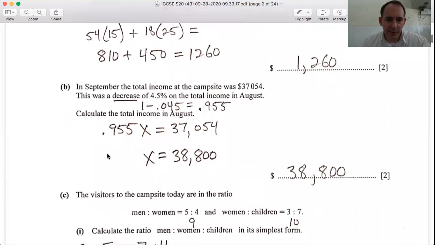And then read carefully, calculate the total income in August. So this decrease was a decrease of August's value. So we have 0.955 times August value, which I used as X, and that will equal $37,054, which is September's. So remember, you reduce August and you get September's.